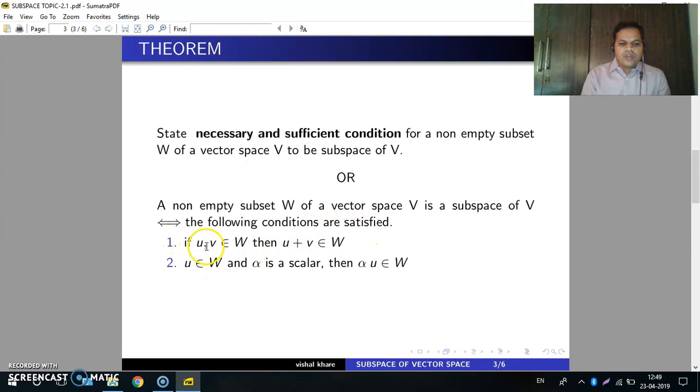If u and v belong to W, then u plus v belongs to W, meaning the addition u plus v should be in W. Condition number 2. If u belongs to W and alpha is a real number, then alpha into u belongs to W. If these two conditions are satisfied, then we say that W is a subspace of V.